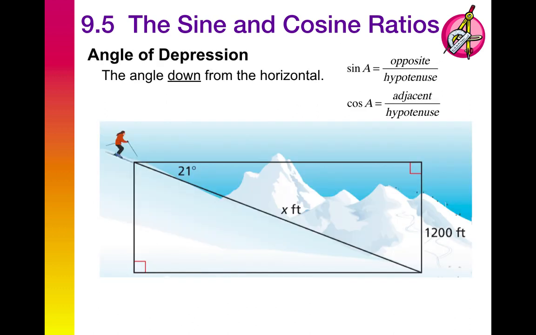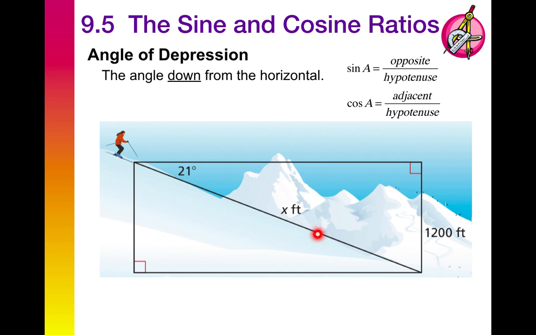Now let's take a look at a real problem, the angle down from the horizontal. If I'm skiing on a slope that's about 21 degrees from the horizontal, and believe me, 21 degrees is probably a black diamond slope.